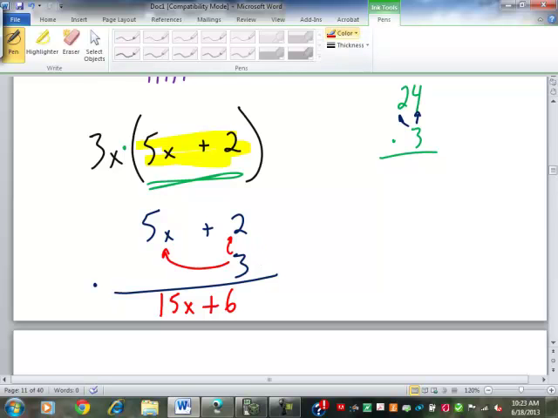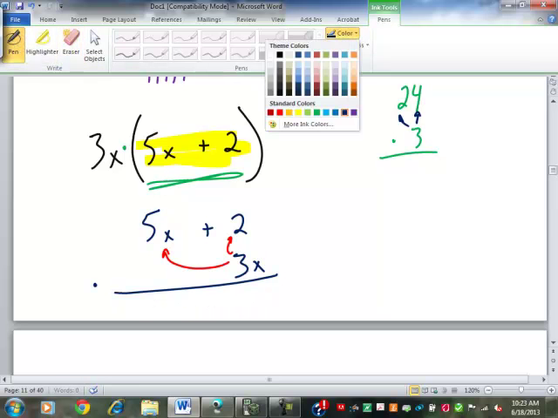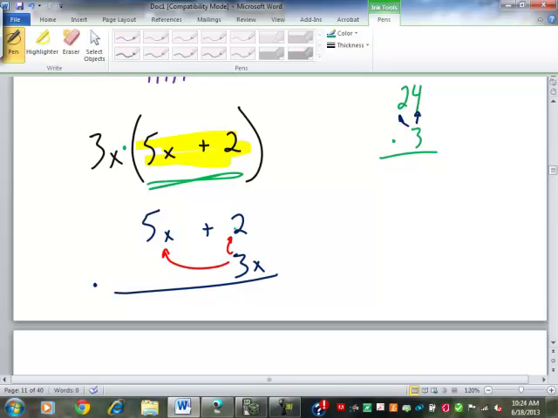Oops, I missed something there though, didn't I? That's a 3x, isn't it? Sorry about that. Let me back up now and redo this. Now that with a 3x times 2 will be positive 6x. 3x times 5x will be 3 times 5 is 15. X times x is x squared, or x to the second. So the operation is really the same as multiplying whole numbers. It just looks different because we have the variables in there.